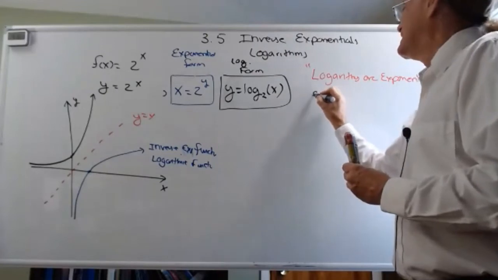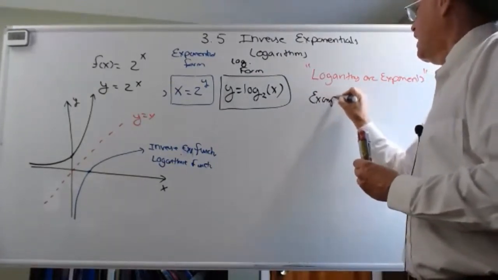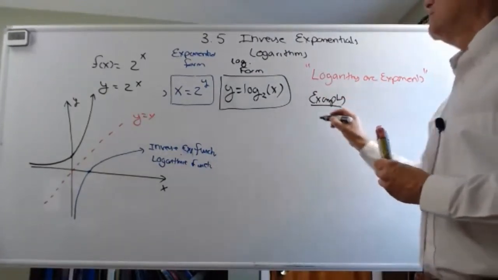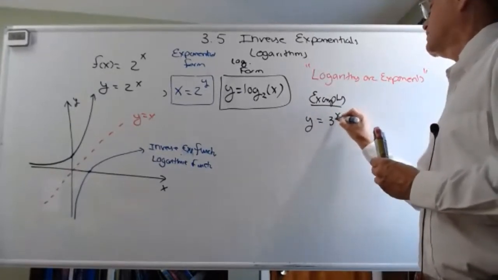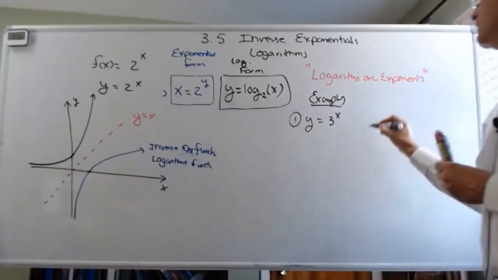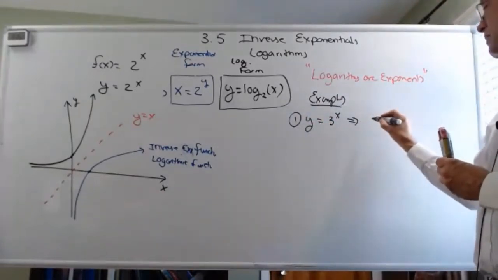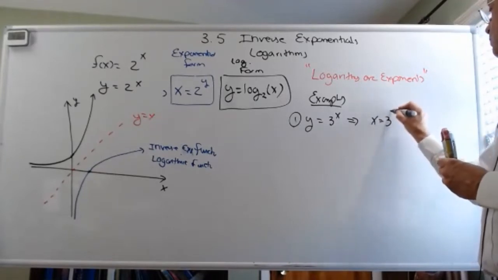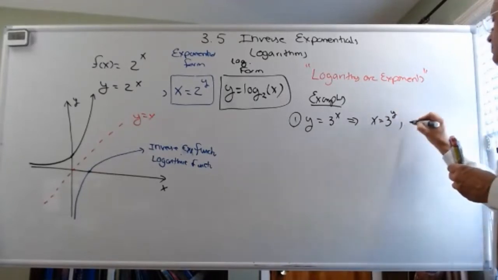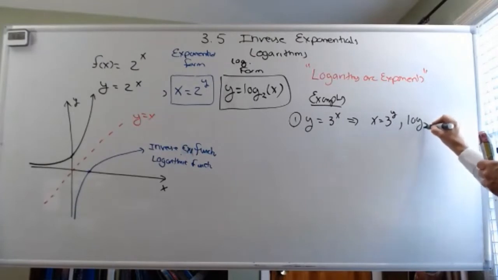So here are some other examples. You might have y equal to 3 to the x. Well, that's equivalent to the exponential form x equal to 3 to the y, or the logarithmic form, the log in the base 3 of x is equal to y.